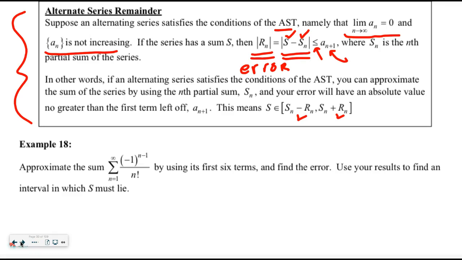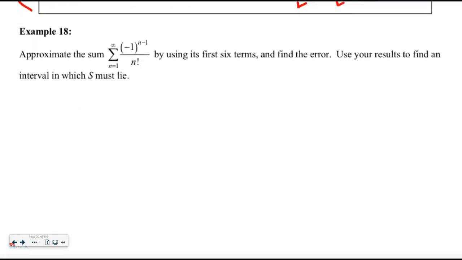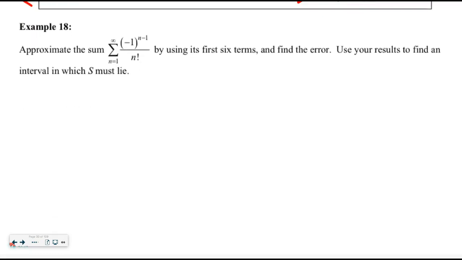Now let's try one. This is a really difficult question, but if you get what this is asking you for, this is approximated. I don't know what it is, but I'm 100% sure it converges, correct? And it's an alternating series. So the alternating series remainder theorem says approximate using a finite number of terms. This is S sub 6 in the notation, correct?